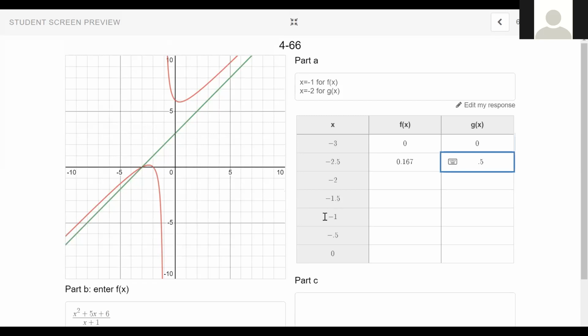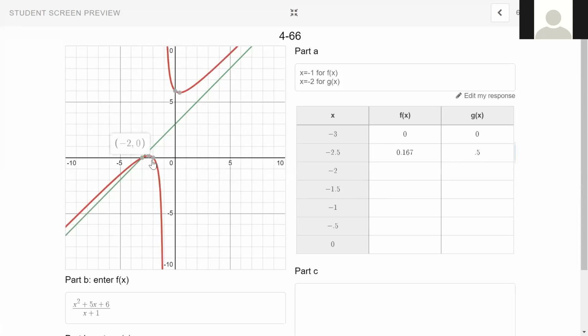Let me just fix this real quick. Okay, -2. Let's see what happens at -2 here. This one's 0. See what happens on this one. Look at that, there's a little hole there at -2.